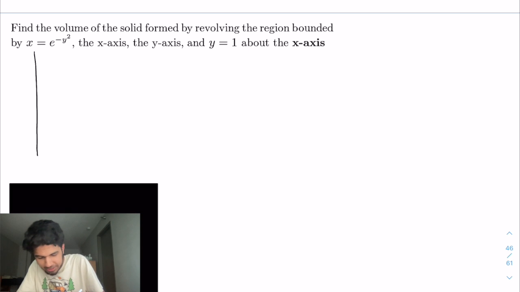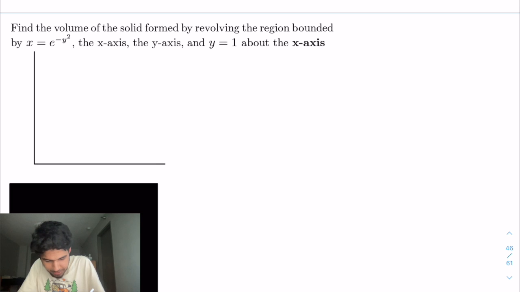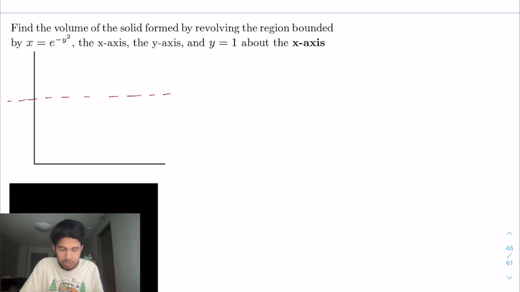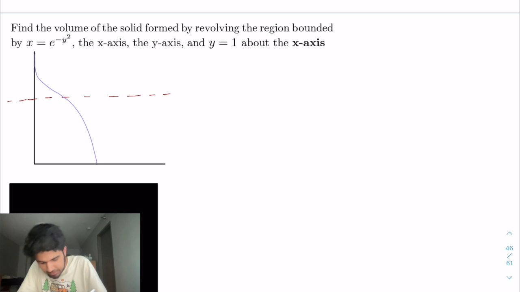So the graph that we're dealing with is going to look something like this. I'll draw the first quadrant. Note that one of the lines we're constrained by is y equals 1. So I'll draw that in red here. The graph of x equals e to the negative y squared looks something like this.